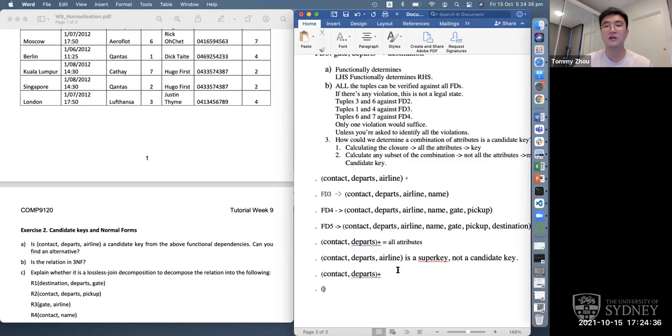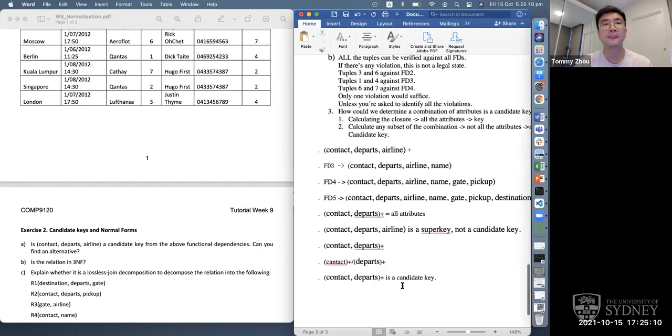So next, what you can do is calculate the closure of contact alone and also of departs alone, so that you can see that neither of them will get you all those attributes. This further determines this combination is a candidate key.